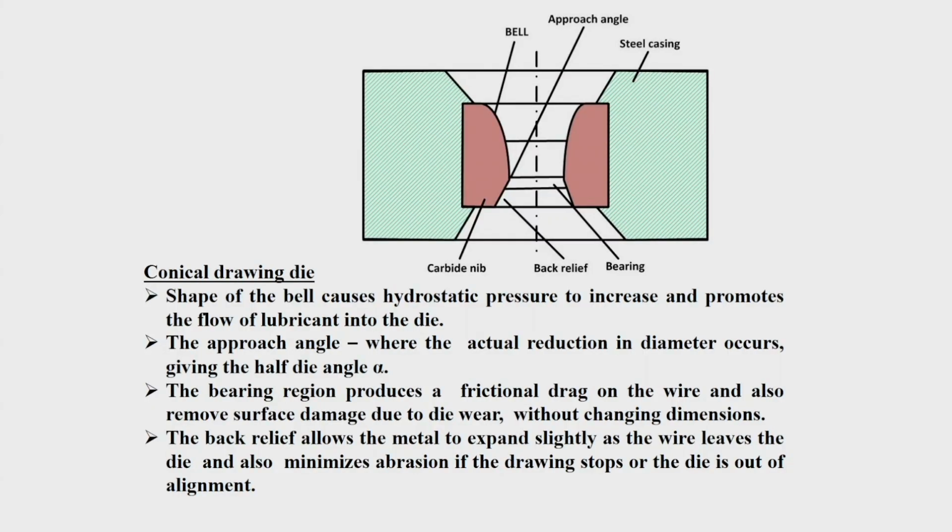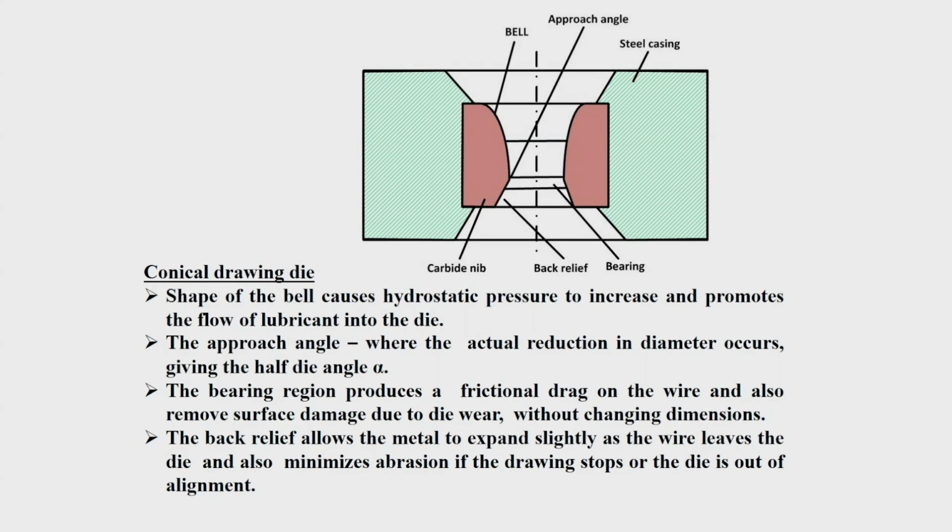So after too much drawing, the die may get worn off. Generally the die is made of carbide, which is very hard. In some cases it can even be diamond, but diamond is very costly. So tungsten carbide is the preferred die material.